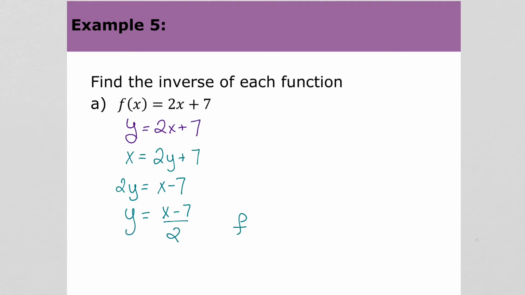And so the inverse function, denoted by f to the negative 1 of x, is x minus 7 over 2. If you wanted to test that, then you could do f of inverse of x and f inverse of f of x, and make sure they're both x, and it would be all good.